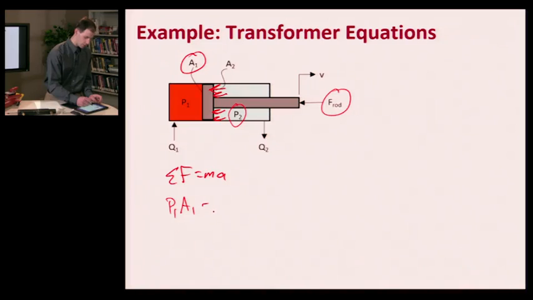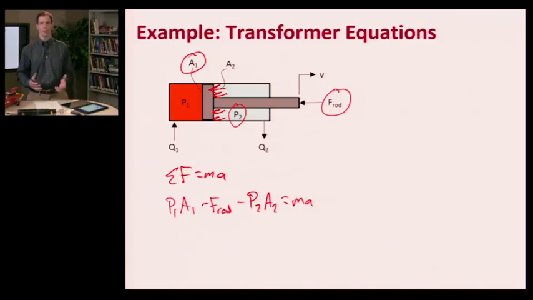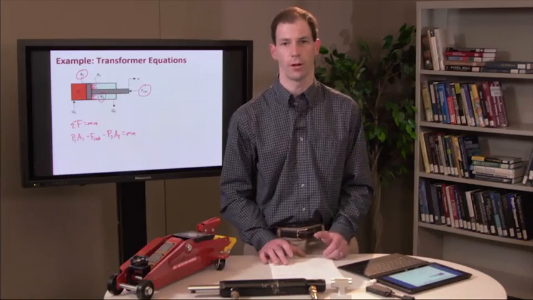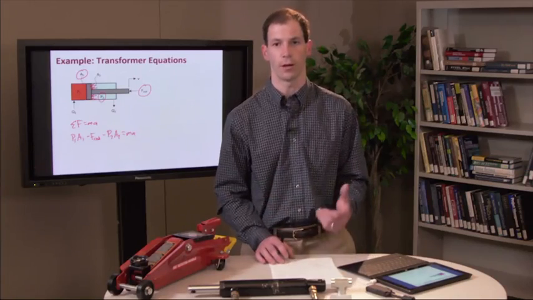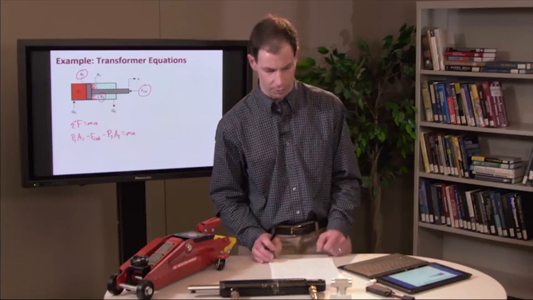So we're subtracting F of the rod minus P2 A2, recognizing that A1 and A2 are not equal. Again, this is equal to mass times acceleration. So I can now use this as my transformer equation, if you will, to transform force into pressure or vice versa through the areas of the cap and rod side of my cylinder.